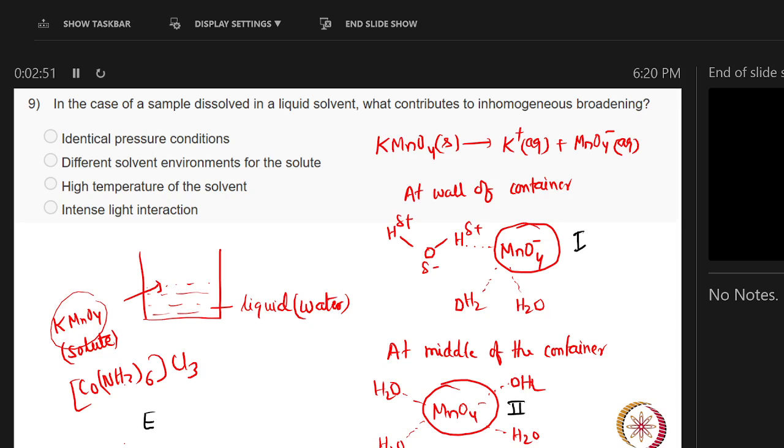So I'll write solvent environment at 1 is not equal to solvent environment at 2. Correct.